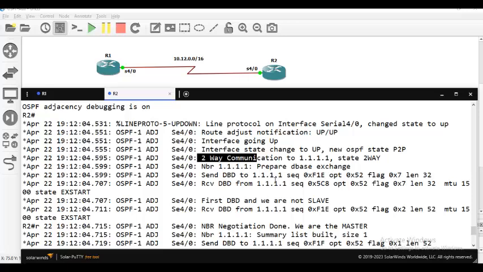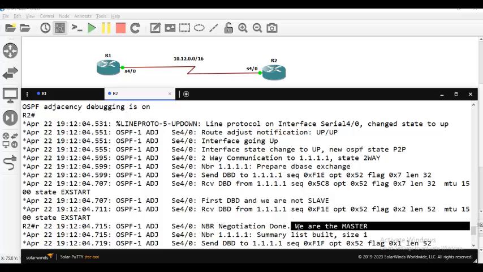Negotiation done. Before that, you see, we are not slaves. Who is saying that? Router 2 is saying, we are master. The reason is router 2 has got the bigger router ID. So this is not DR/BDR. DR/BDR election also happens in this place.